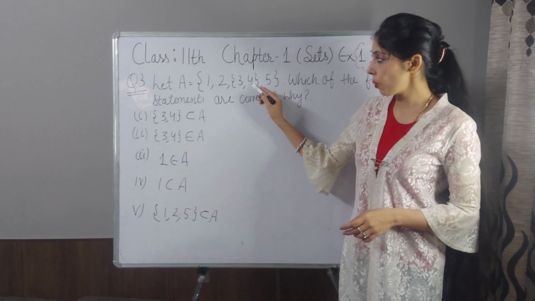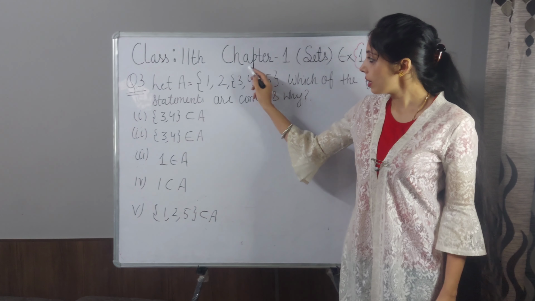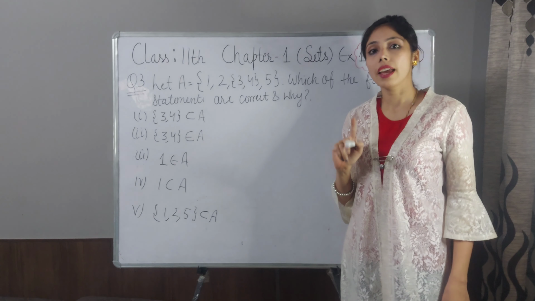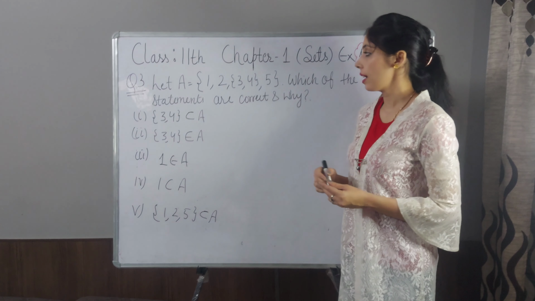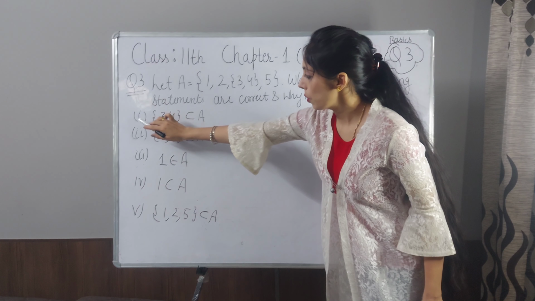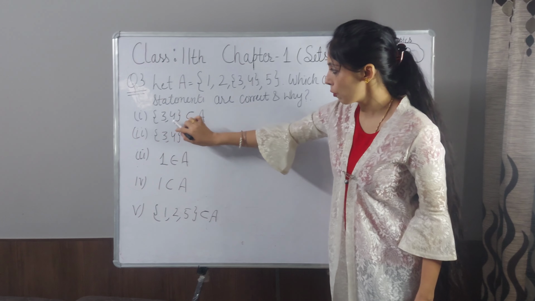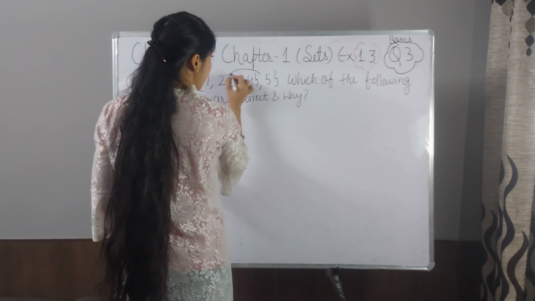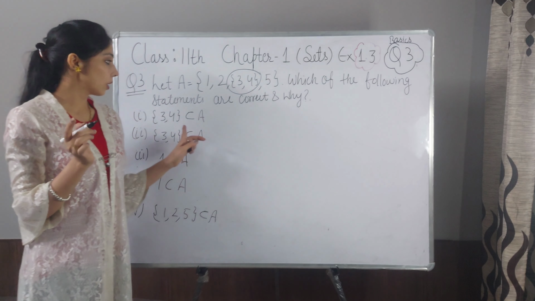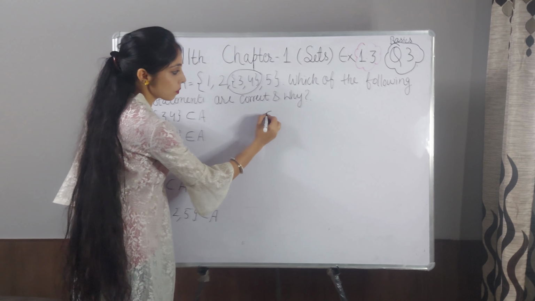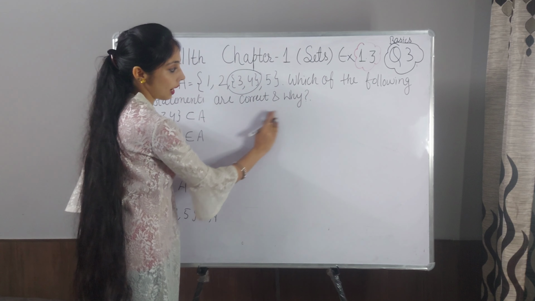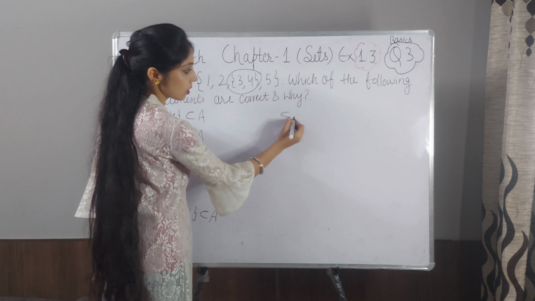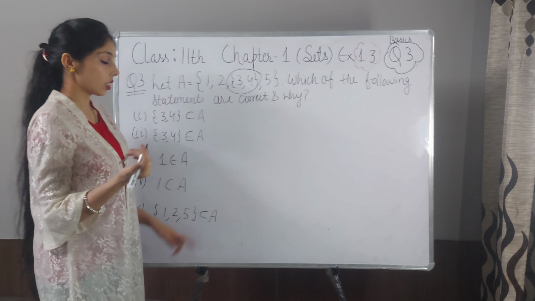Here {3, 4} is in curly braces, so this is representing an element, not a set. So the first one is {3, 4} is contained in A. Here {3, 4} is representing an element. We know that for elements we always use belongs to and doesn't belong to, and for sets we use contain and not contain.